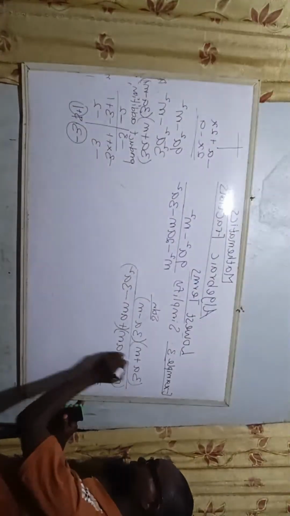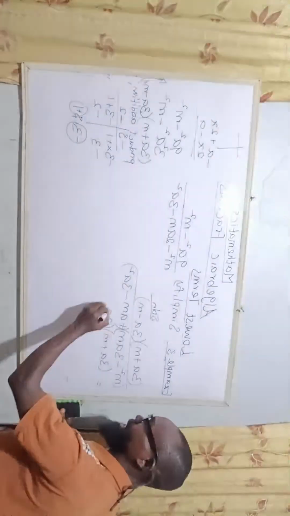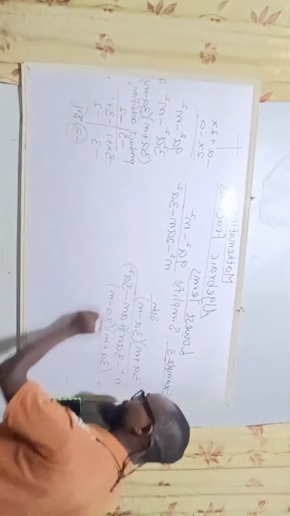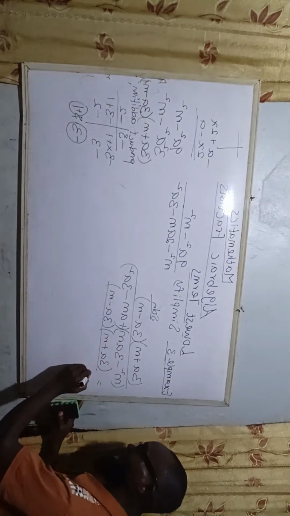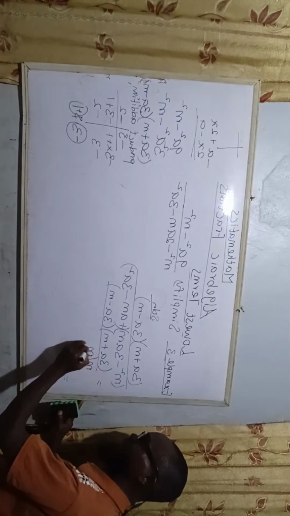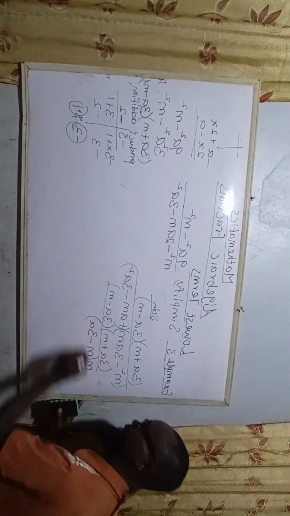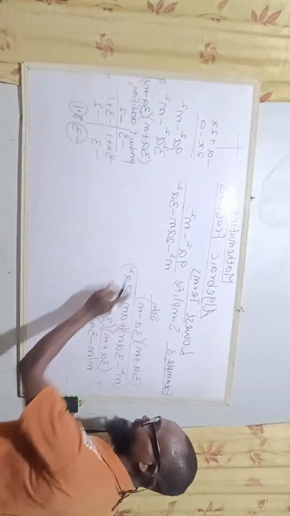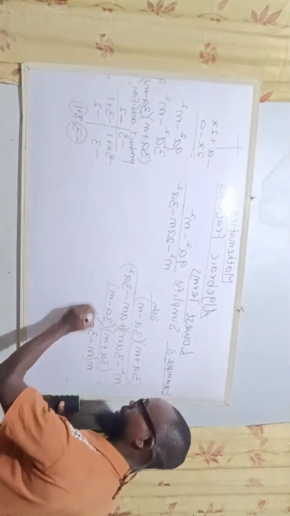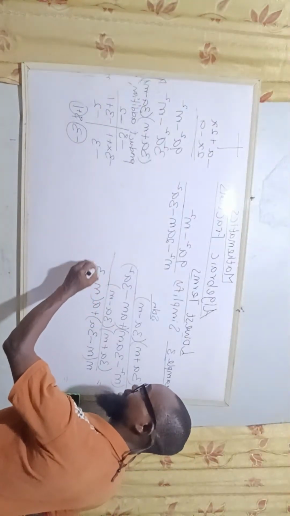So we now have 3a plus m and 3a minus m divided by, what is common in this? m is here, m is here, m, open brackets. When I remove 1 m, it remains m, minus, remove m, it remains 3a. What is common in them? a is common, plus a, open brackets, m minus 3a.